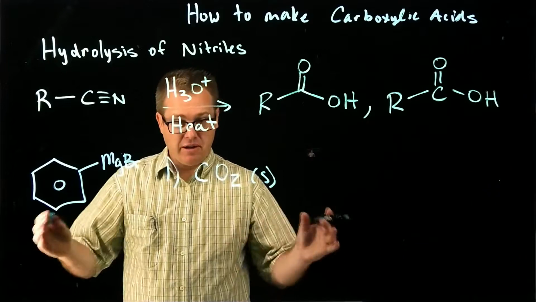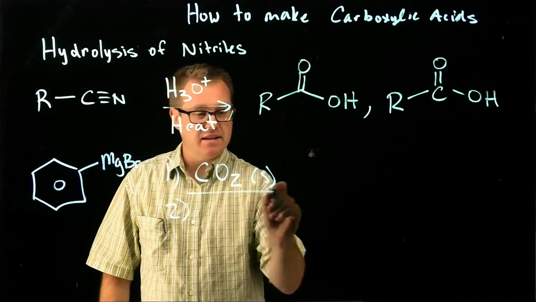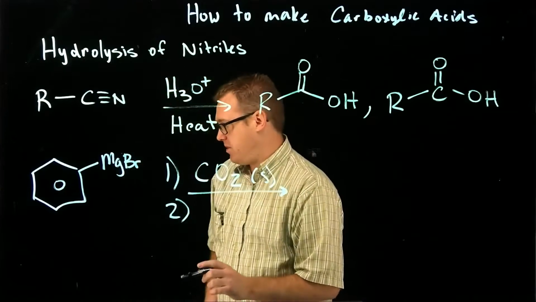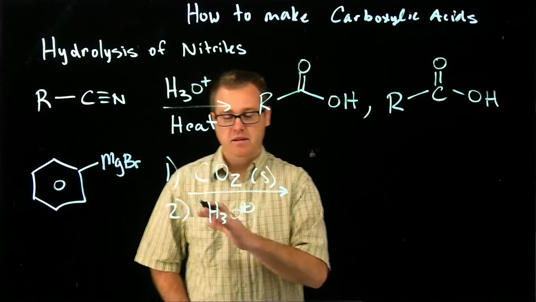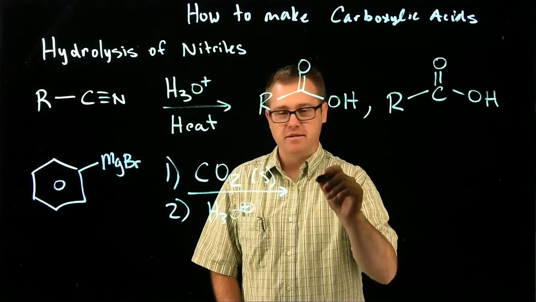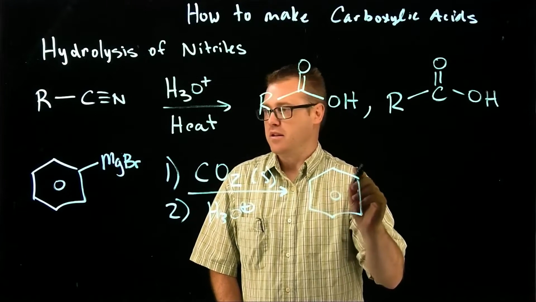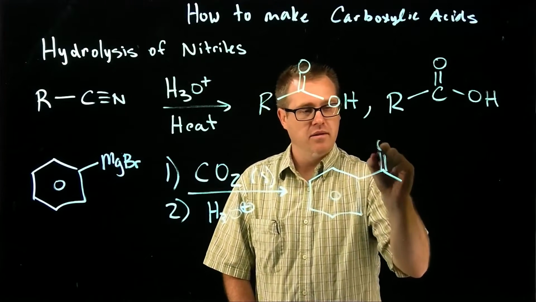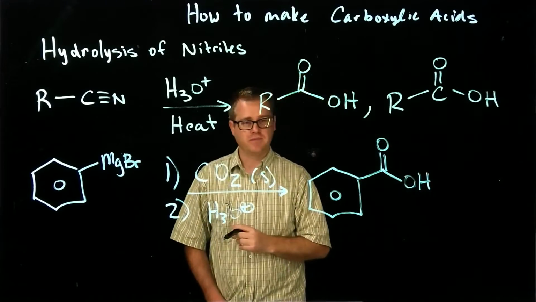And then after you gather up the solvent in your reaction, you have to do a second step. And that's just going to be an acidic workup to give us our carboxylic acid. Isn't that cool?